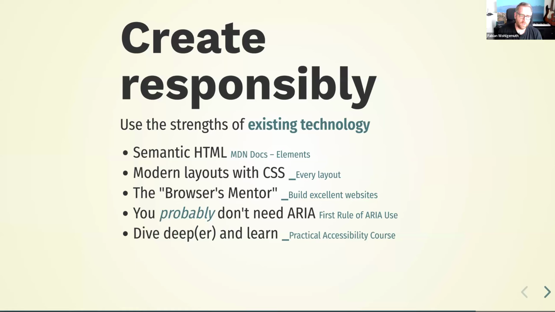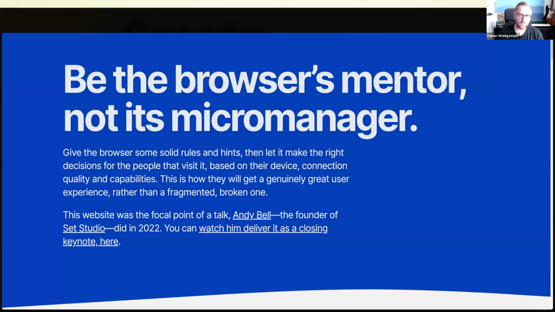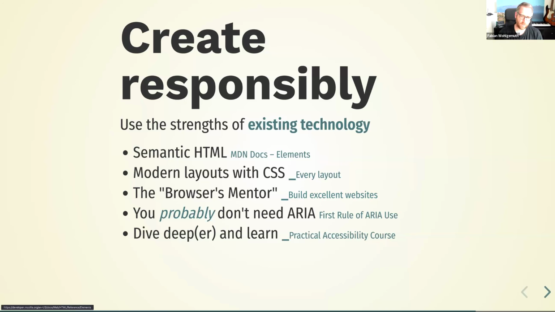The one website I would recommend people go to is by Andy Bell as well: Be the browser's mentor, not its micromanager. It's Build Excellent Websites. I will share all the links.